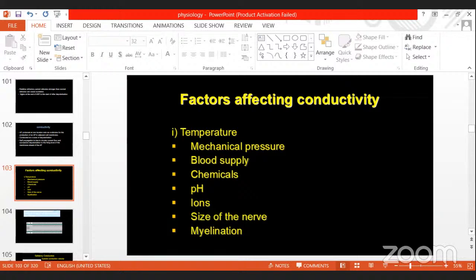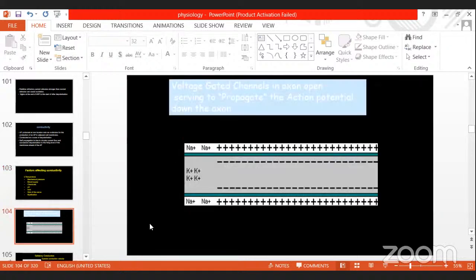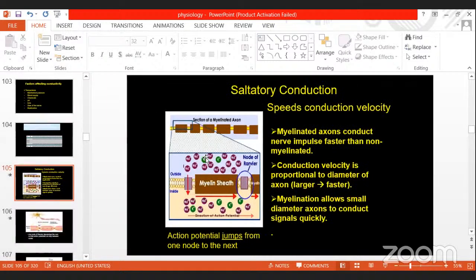So how is myelination helping in the propagation of action potential? The voltage gated channels in the axon open, serving to propagate the action potential. In a myelinated neuron, there is a condition known as saltatory conduction that speeds the conduction velocity, so it conducts impulses faster, and conduction velocity is proportional to the diameter of the axon.